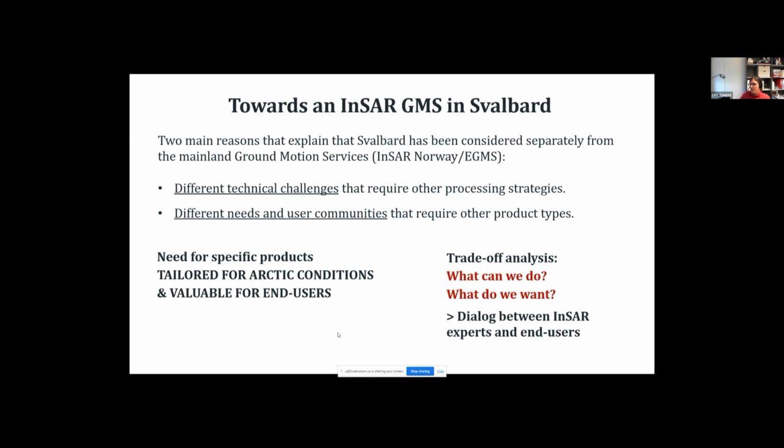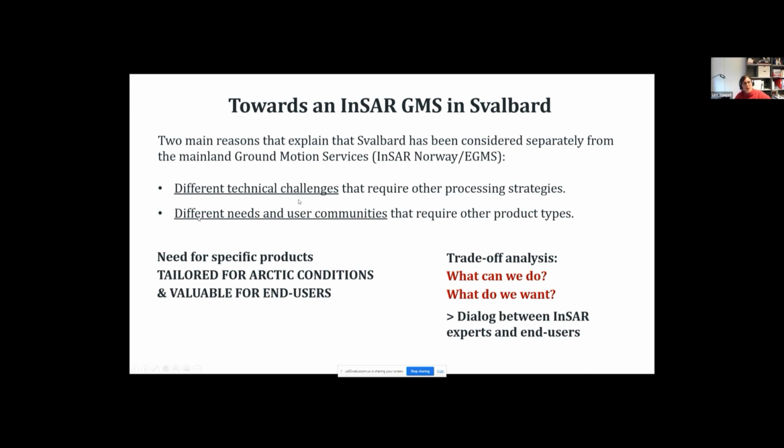Because the processes are different, because the conditions are different, and the limitations then are different. So for now, it has been left aside, and we wanted to have a separate project to really design something that makes sense for Svalbard.